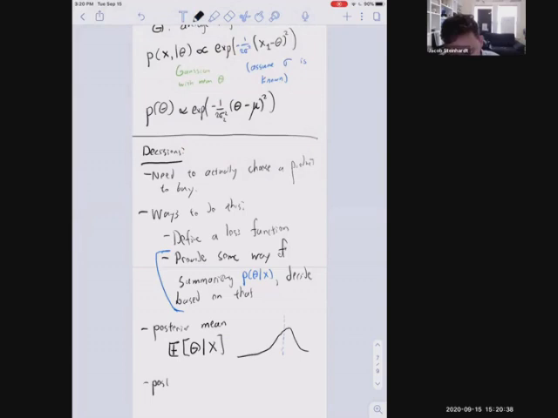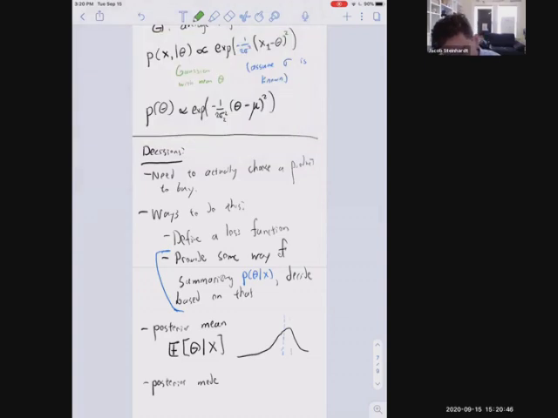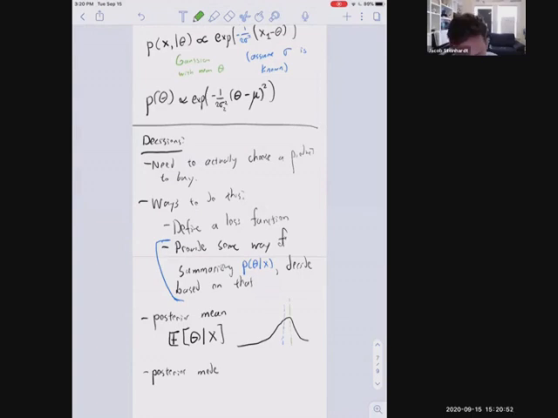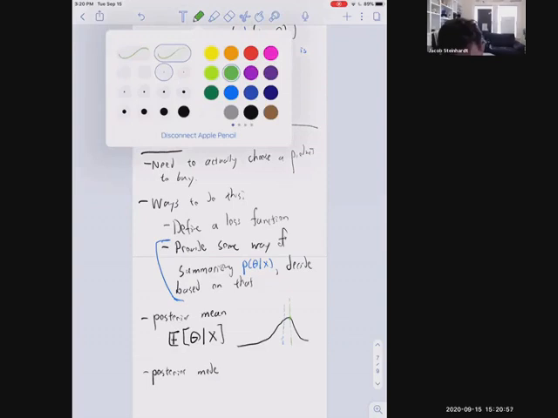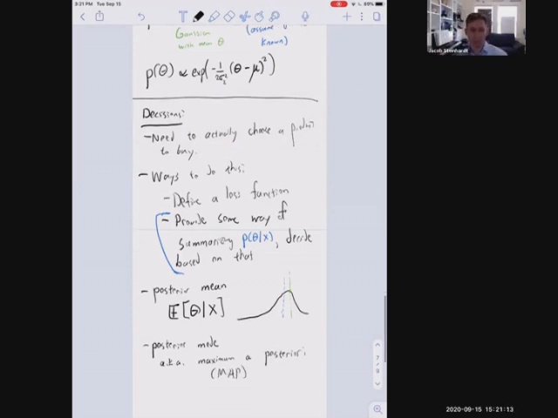The other thing we could do is take the posterior mode, meaning the most likely value. That would be here, right? Because this is the top. And this is also called the maximum a posteriori value, or the MAP value. So you can think of MAP as an alternative to MLE.